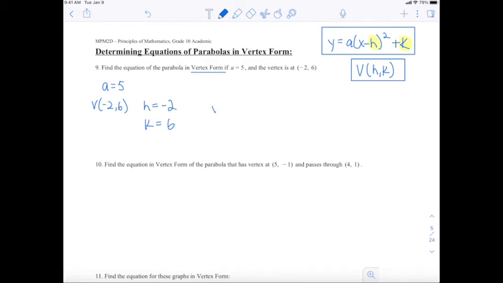So all I have to do for this question is just replace the variables with the associated values. So this becomes 5(x plus 2) squared plus k, which is 6. And that's it. That's the equation in vertex form of a parabola where the parent function has been stretched by a factor of 5 and the vertex is at (-2, 6).